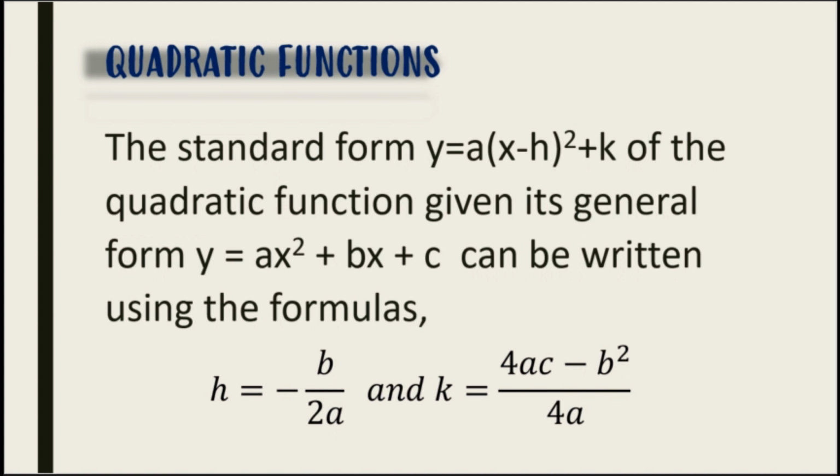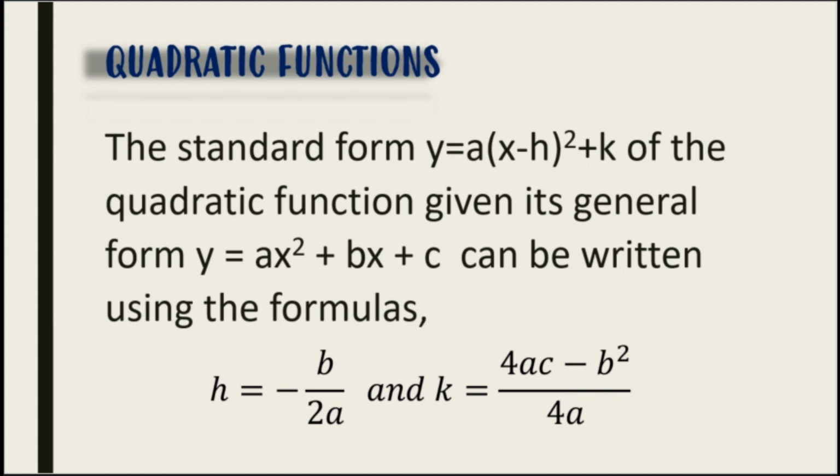Again, to write it in the form y is equal to a quantity x minus h quantity squared plus k, we may use h is equal to -b over 2a and k is equal to 4ac minus b squared all over 4a for the values of h and k.